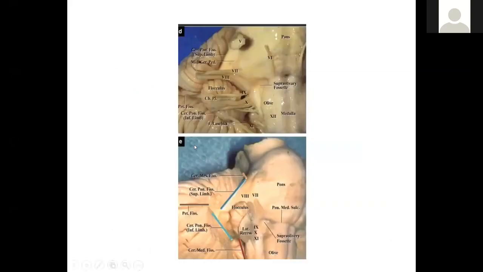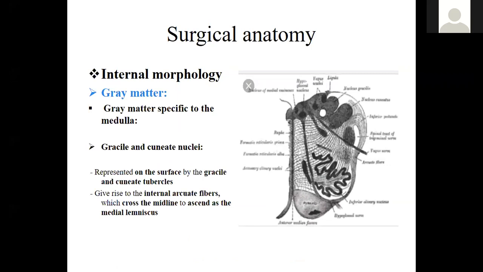Here again, we see an image that depicts this olive. Internally it will be represented by the inferior olivary nucleus. So on the surface, it is the medullary olive connected to the cortex, and it sends impulses to the cerebellum through the olivocerebellar fibers.